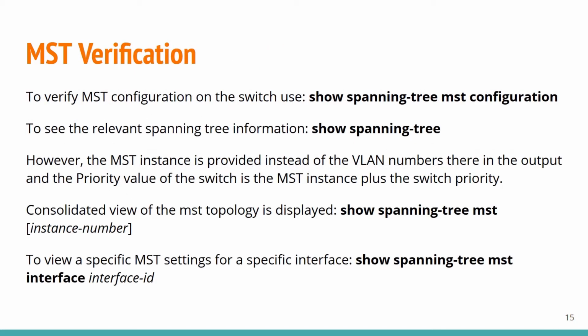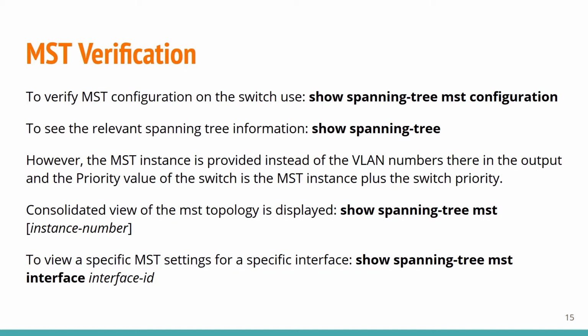MST verification. To verify MST configuration on the switch, use the following command: show spanning-tree mst configuration. To see the relevant spanning tree information, use the command show spanning-tree. However, the MST instance is provided instead of VLAN numbers in the output, and the priority value of the switch is the MST instance plus the switch priority.